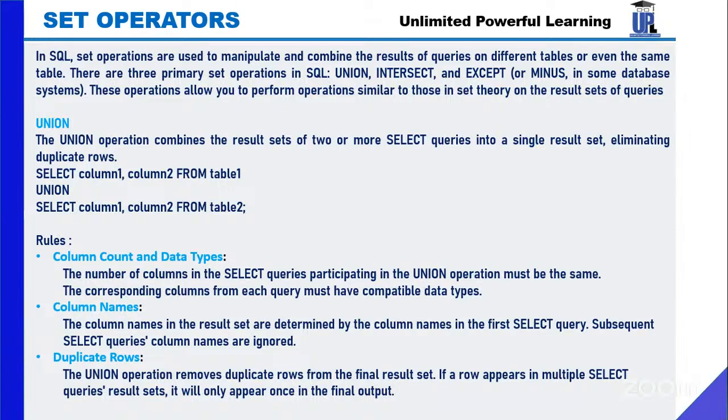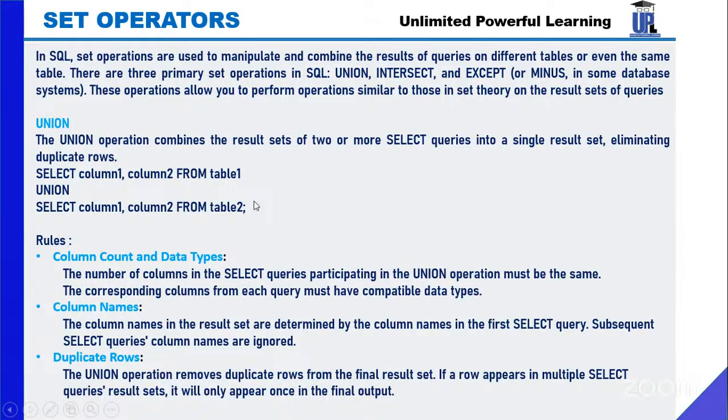Today in set operations, if two tables have columns with the same data types and the column count is also the same, then we can perform the union operation. Otherwise, you cannot merge the records of the two tables.